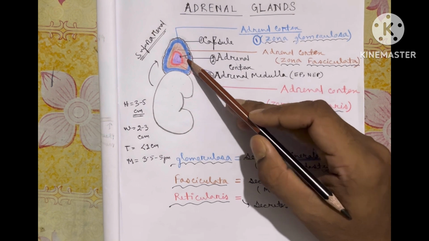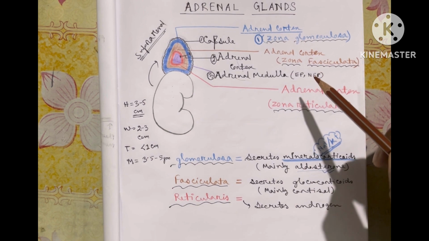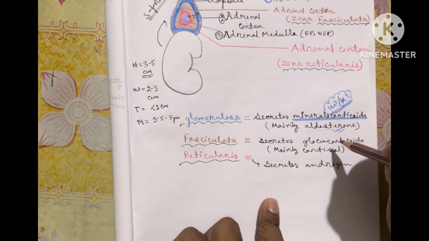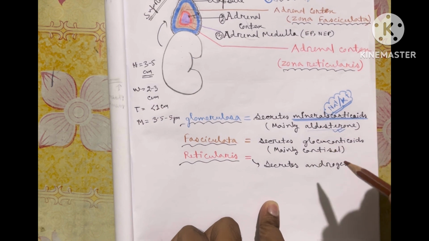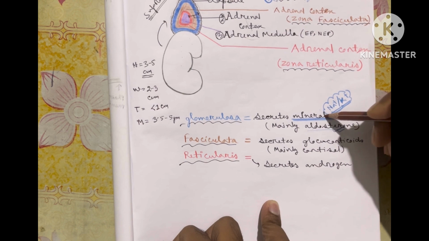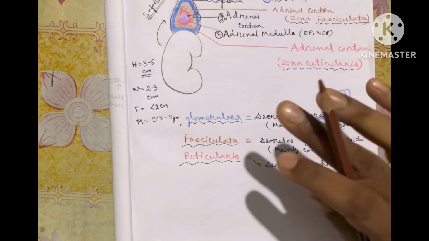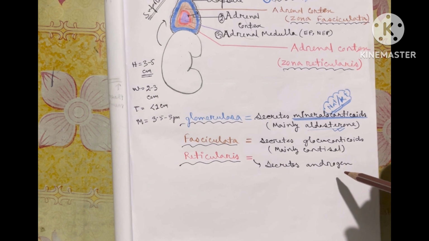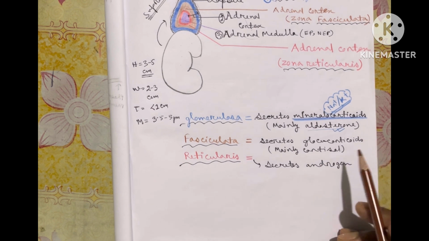Next, this brown one is the zona fasciculata. It secretes glucocorticoids. Why is it called glucocorticoids? Because it maintains glucose homeostasis. Just like mineralocorticoids maintain mineral homeostasis, here it controls glucose production and regulation. If the cortisol level increases, then glucose secretion will increase.